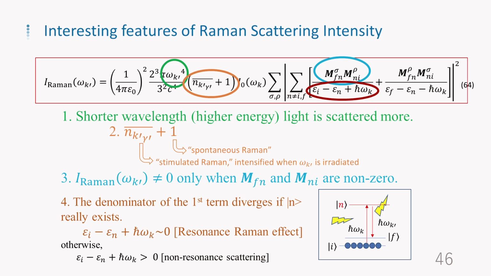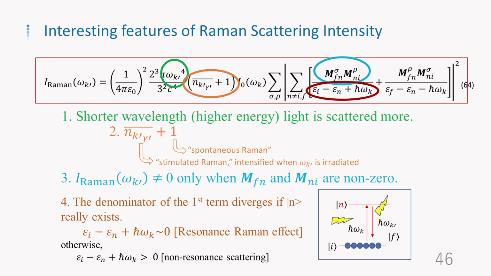On the other hand, here is a sample. Irradiate the light, and Raman scattering occurs. We set one more light.